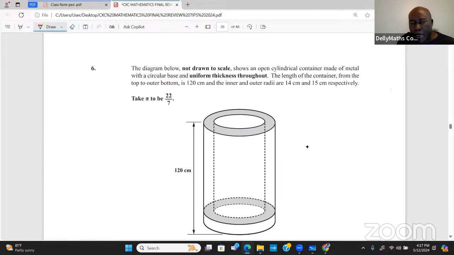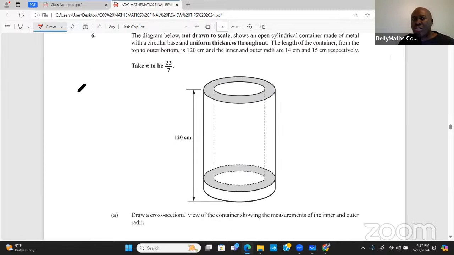The length of the container from the top to the outer bottom is 120. Okay, so it's given, it's 120 centimetres. And the inner and outer radii are 14 and 15 respectively. Okay, so the thickness is 1. I'm seeing that coming out already, because the difference between the 2 radii is 1. All right, let's see what the first question wants.